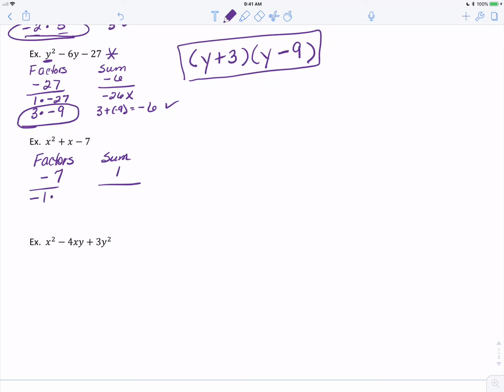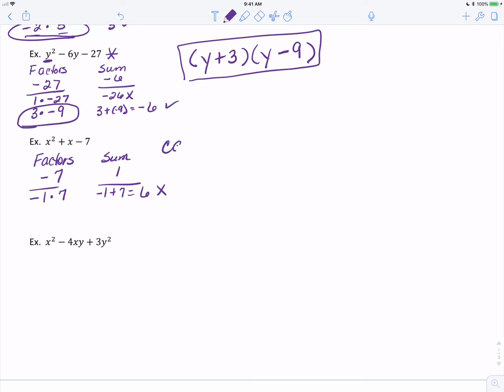So negative 1 times 7. Well, that adds up to be 6. So that's not it. What are some other factors of 7? Well, there aren't any. So this cannot be factored.